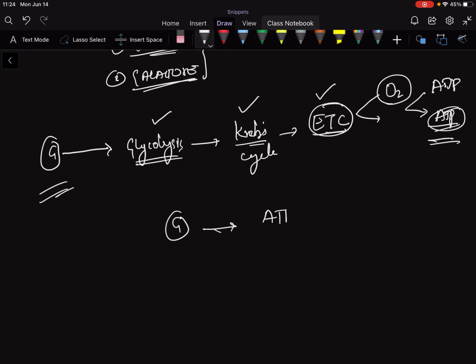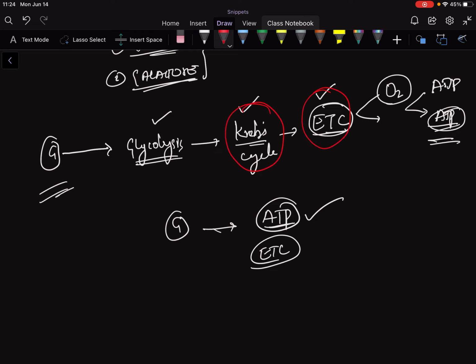Glucose is indirectly giving us energy, which is in the form of ATP, in the electron transport chain. I'll be making a separate video on the Krebs cycle and the electron transport chain, but please remember that glucose not only goes to the glycolysis pathway, it has to go through these three pathways in order to gain ATP.